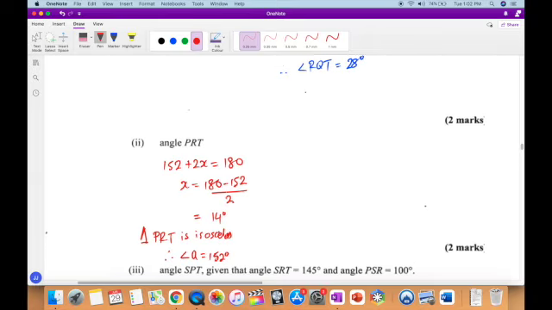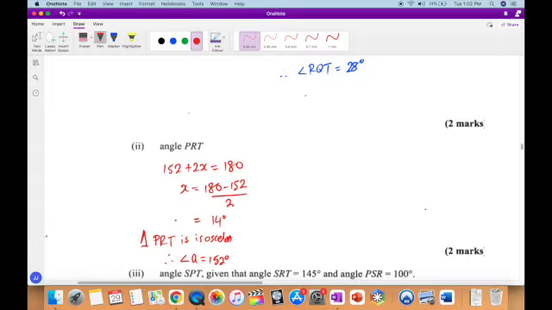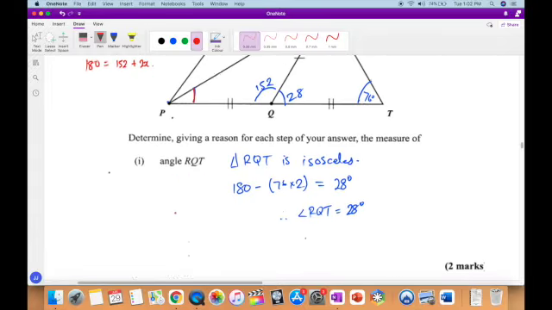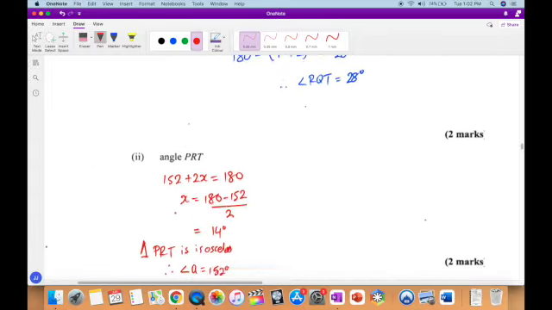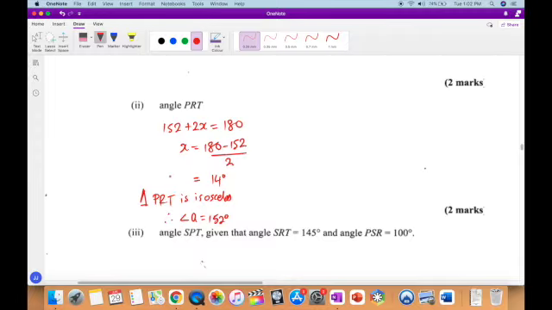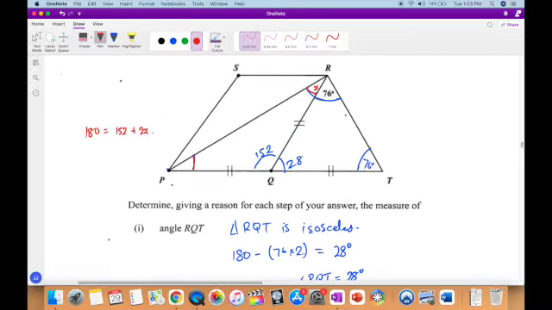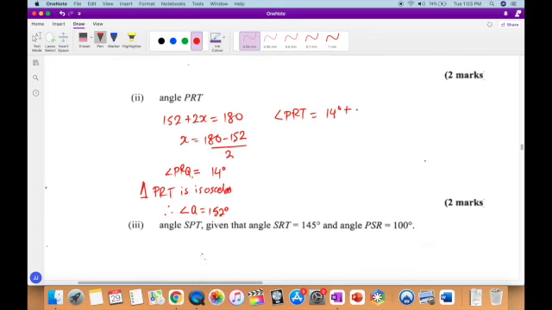So this here, what we just found, is the angle PRQ. So therefore PRT is equal to PRQ, 14 degrees, plus the 76 degrees. And I believe that gives us, yep, it does, 90 degrees.